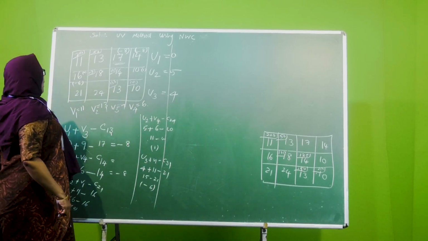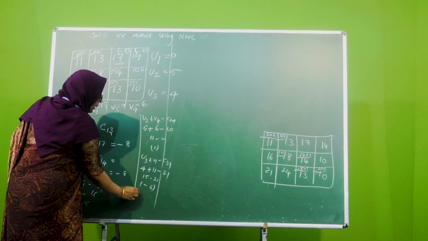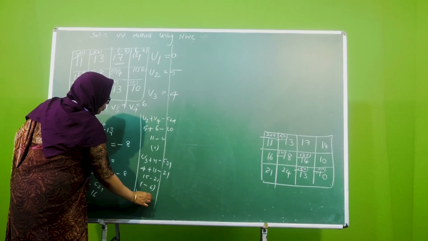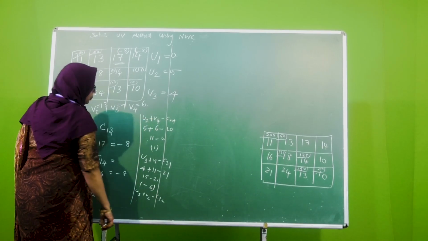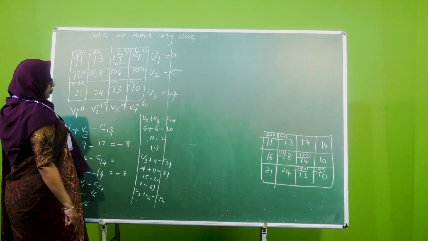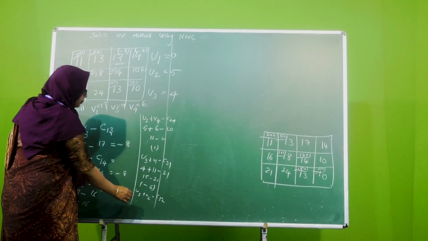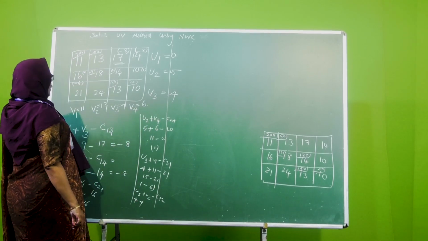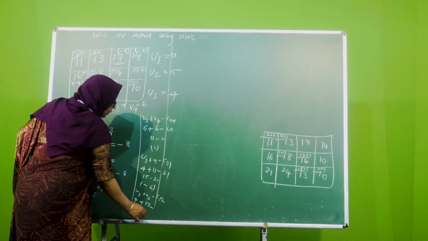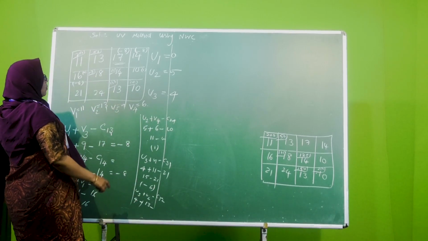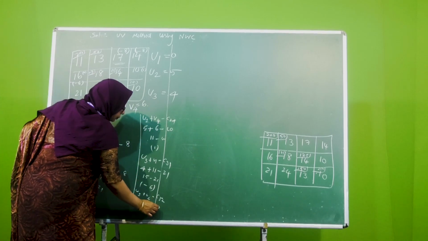Minus 6. Another value, U3 plus V2 minus C32. U3 4, V2 13 minus C32 24.